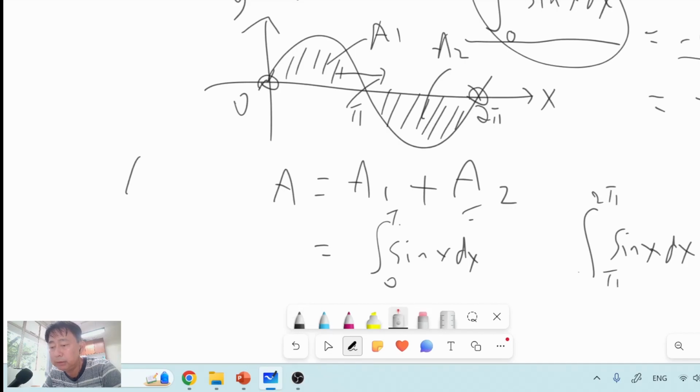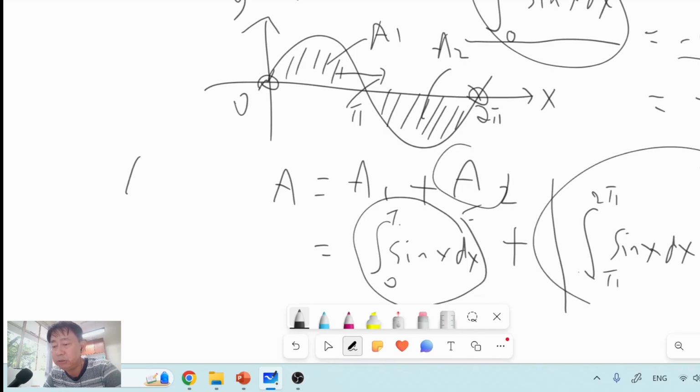This is giving the definite integration for the sine function between pi and 2 pi. However, it is understood that the sign is negative for this region. Therefore, A2 has to be calculated as the absolute value of the definite integration, because this is negative for x lying between pi and 2 pi. Therefore, you sum up A1, which is given by this integration, and A2, which is the absolute value of this.